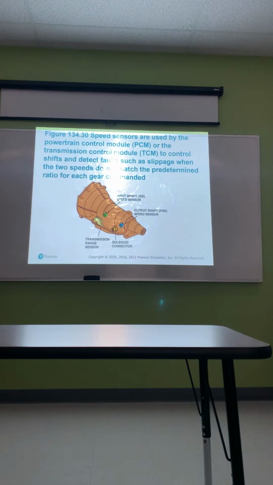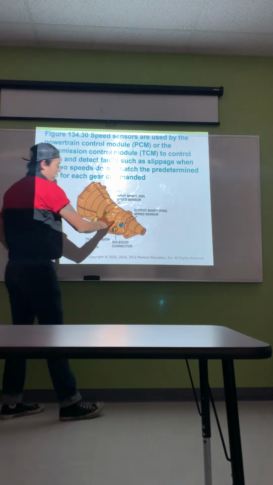Speed sensors are used by the powertrain control module or the transmission control module to control shifts and detect faults such as slippage, when two speeds do not match the predetermined ratio for each gear commanded. You have your input shaft speed sensor, you have your output shaft speed sensor, solenoid connector, and the transmission range sensor. So these guys here monitor the speed.